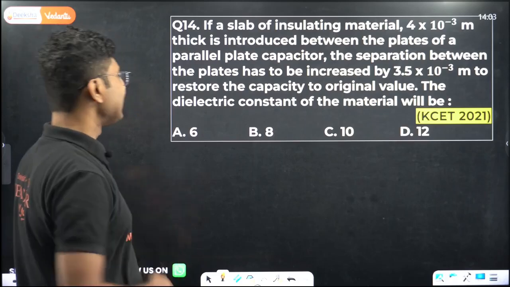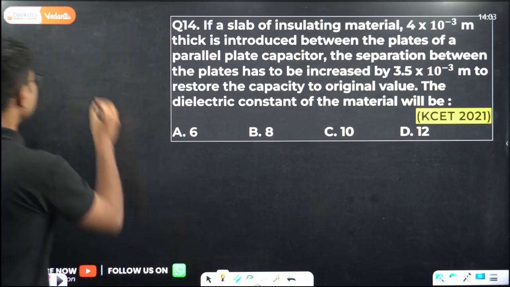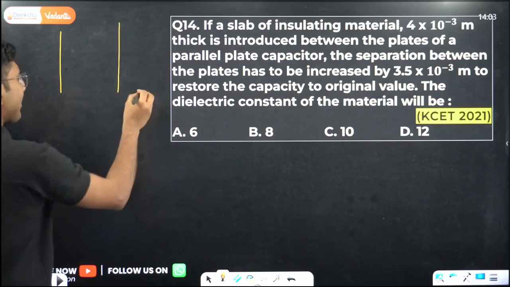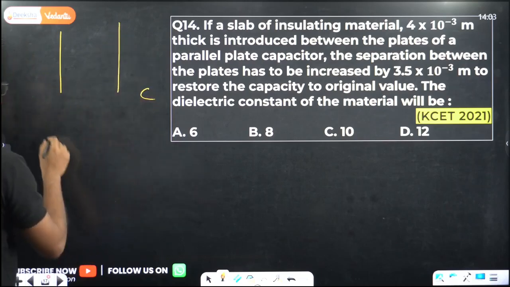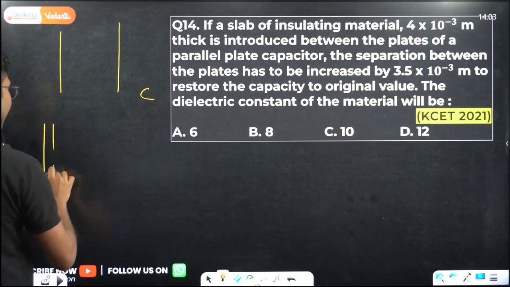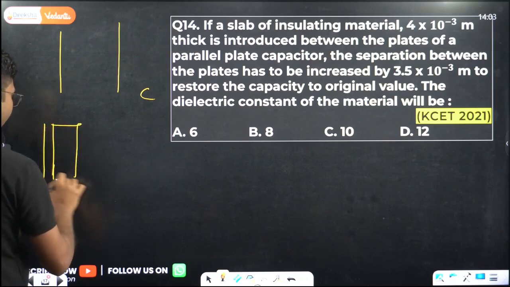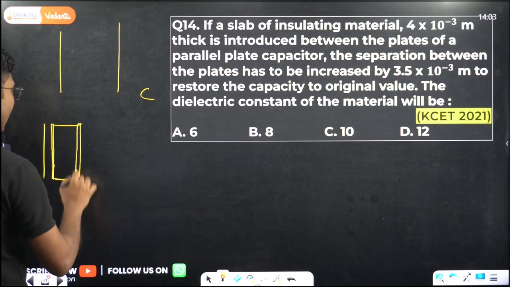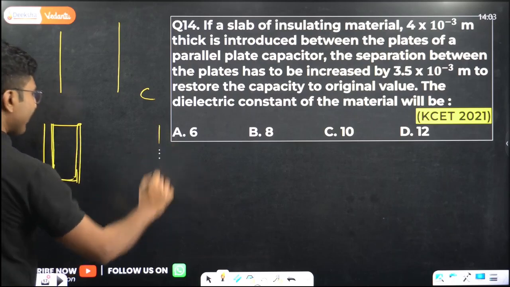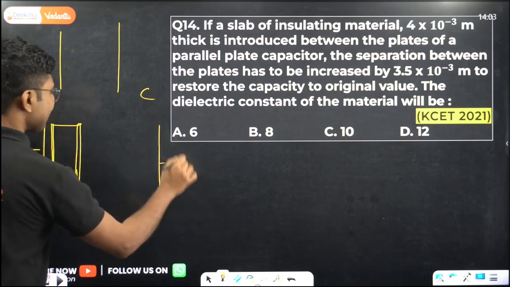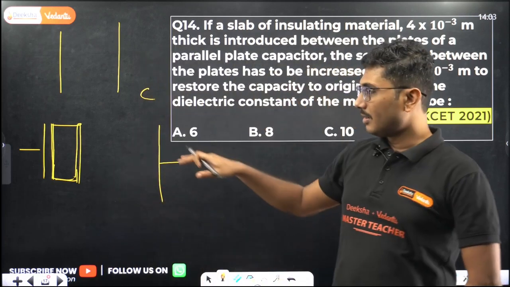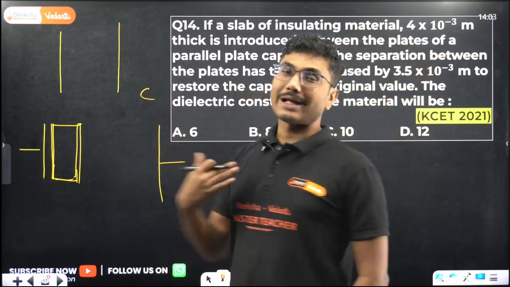So what is the question? We have a capacitor, the original capacitor of capacitance C. Now you inserted a dielectric medium between the plates. To balance it out, you have to increase the distance between the plates so that the overall capacitance remains the same.